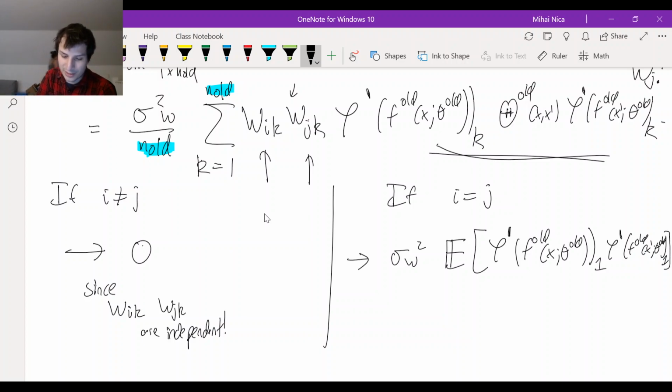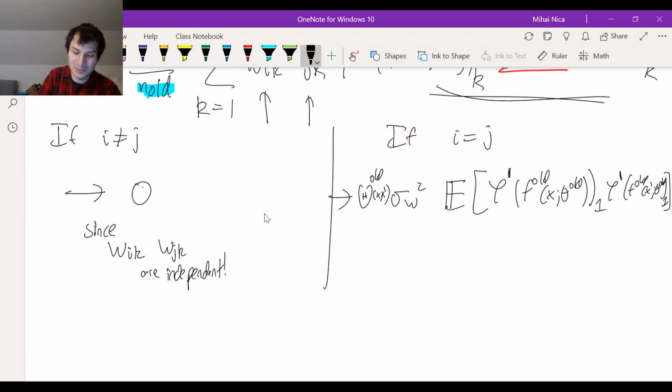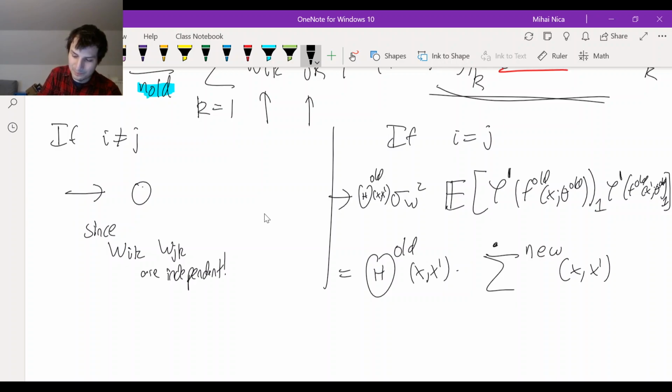And you multiply the whole thing by this constant, which is coming out. So theta hat old of x prime. Okay, and that is precisely the definition of the kernel sigma prime. So this is theta hat old of x prime times what we call sigma dot nu of x prime.